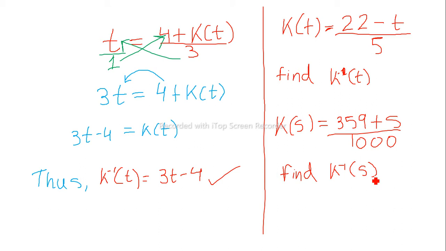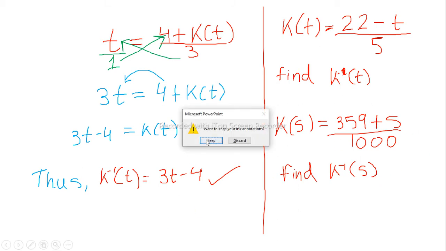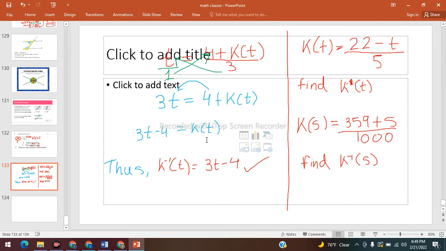All right. So hello. What did we get for the first one? 5t minus 22. You sure? Okay, let's see.